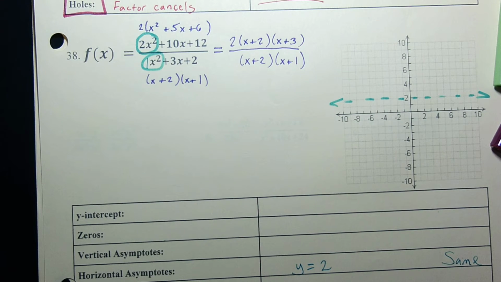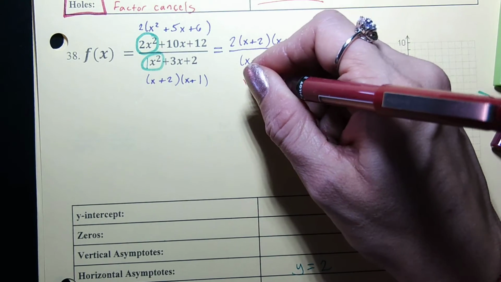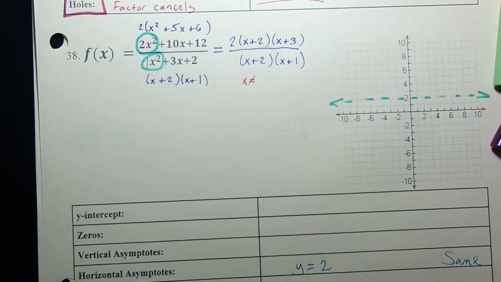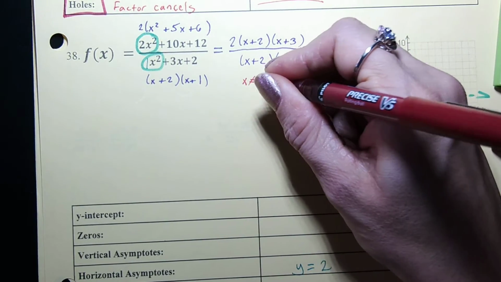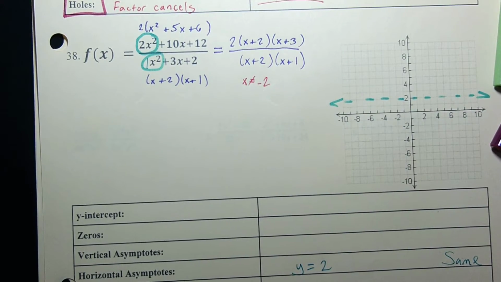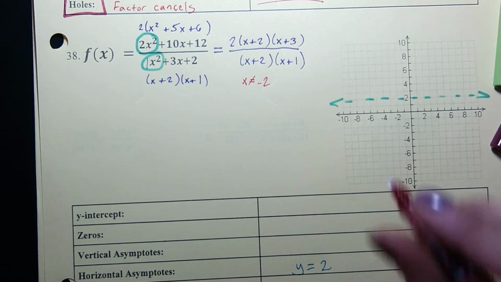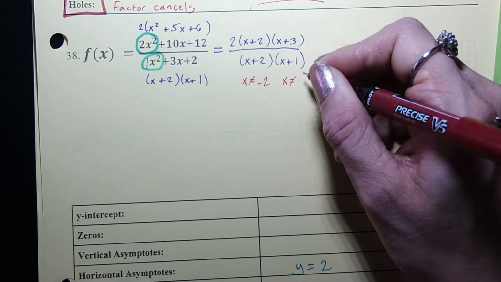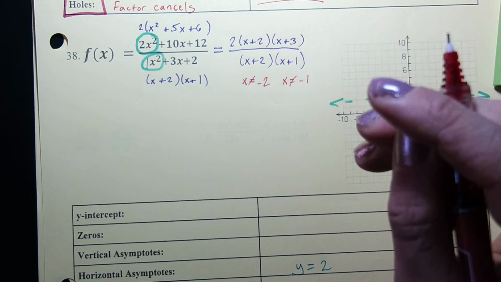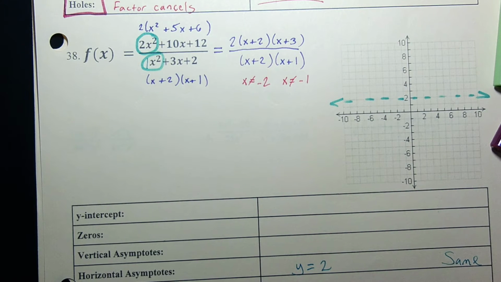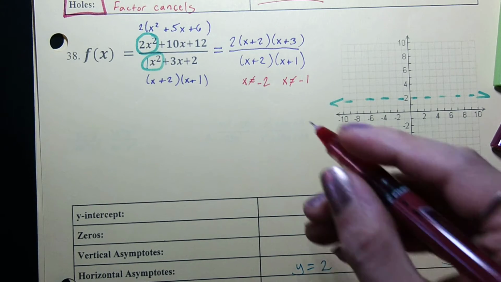So let's start with our denominator restrictions. What can't x be equal to? -2, because that would make it dividing by 0, thus undefined. And x also cannot be equal to -1. Do either of those factors cancel? Quote unquote cancel.